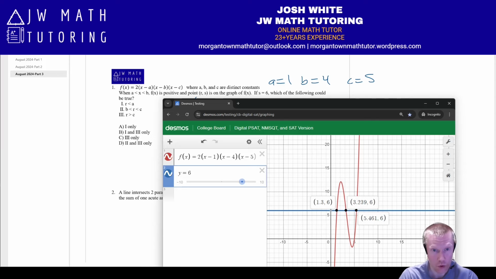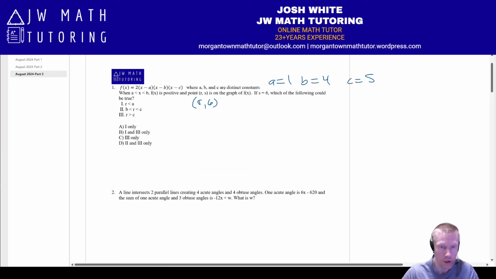The third one is to the right of c, or greater than c. Let me just get rid of these because it's confusing. This point right here, 5.4 and 6: the 5.4 is to the right of, or greater than, the c, which is right here at 5, 0. So when you go through these answer choices, r is greater than c, yes, definitely possible.